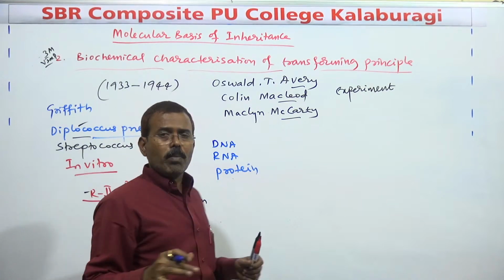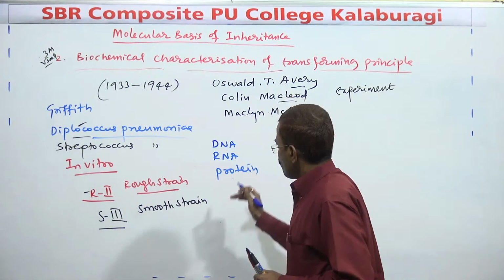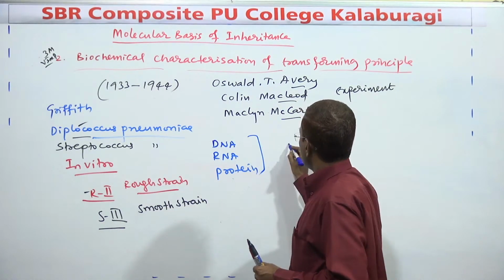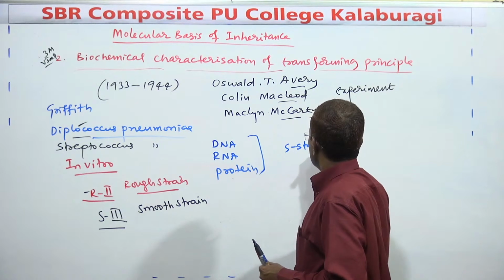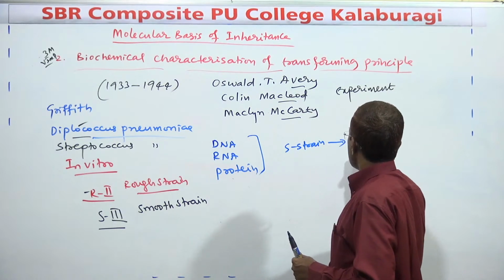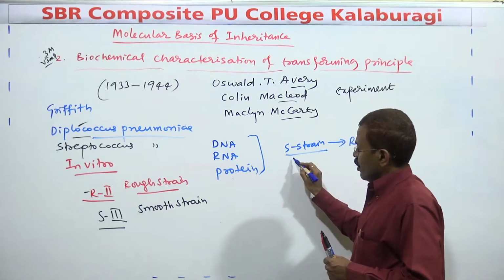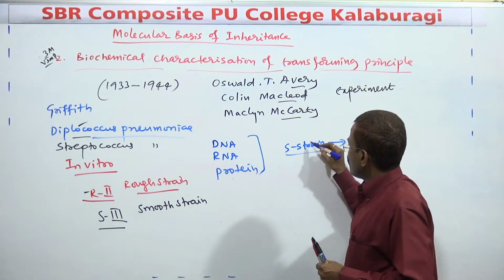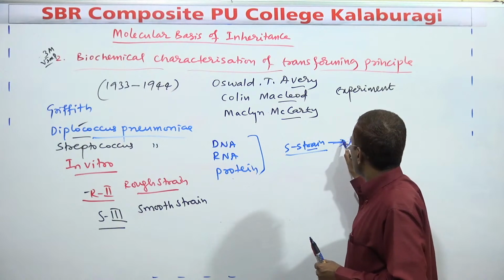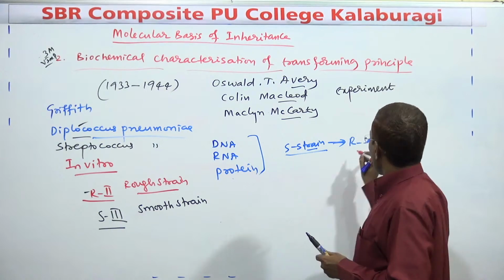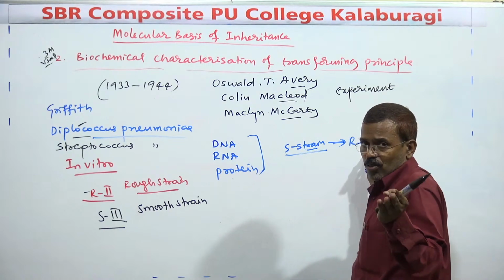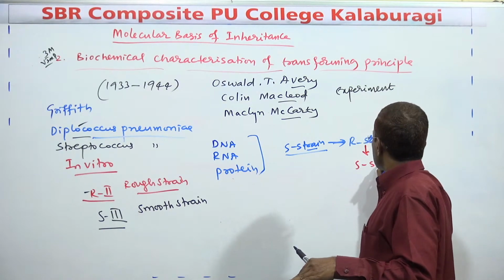What kind of biomolecule is being transferred from the S strain into the R strain, because of which the R strain is converted into the S strain?